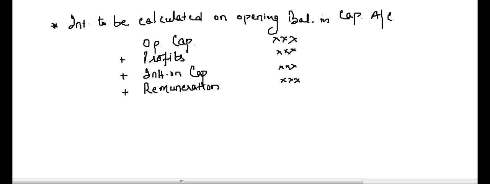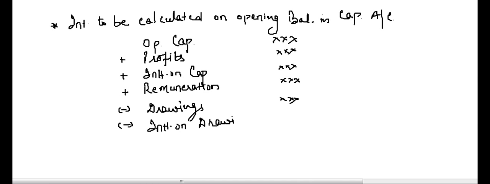So we have the partner's opening capital, we add profits, we add interest on capital, we add remuneration, and we deduct drawings, and we deduct interest on drawings. What else? The profits are added and the losses are subtracted.